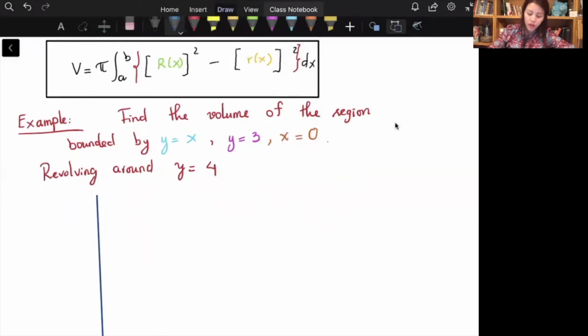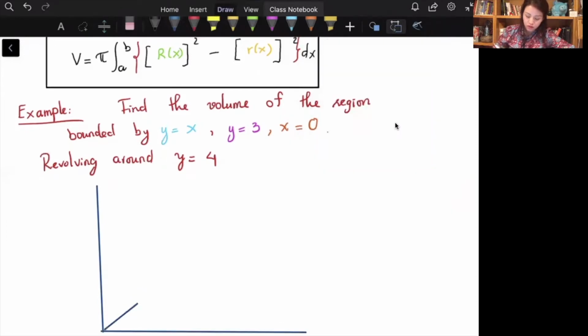And then y equals x looks like that. It is in light blue or ocean blue.